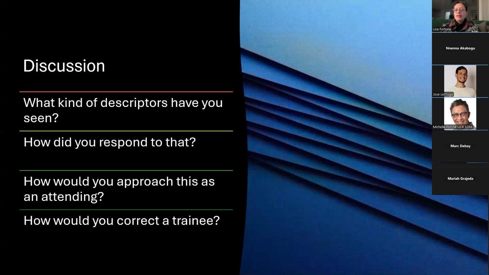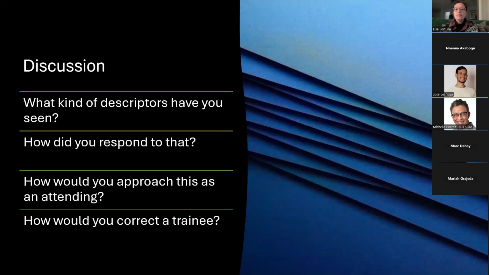I sometimes summarize the case and model the presentation and emphasize the correct terminology, and then explain why the terminology I used in summarizing the case is a better option than the terminology the trainee used. In that way, it's not necessarily an open criticism, especially in a group with multiple trainees.